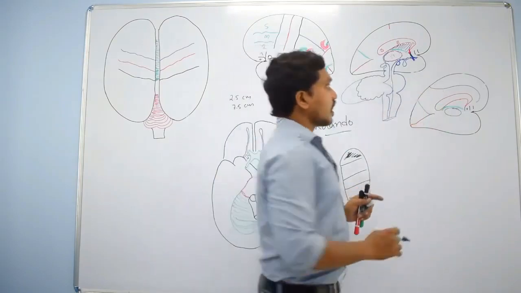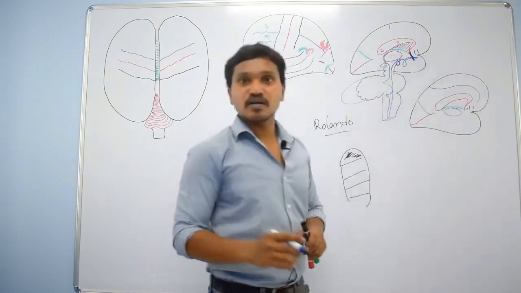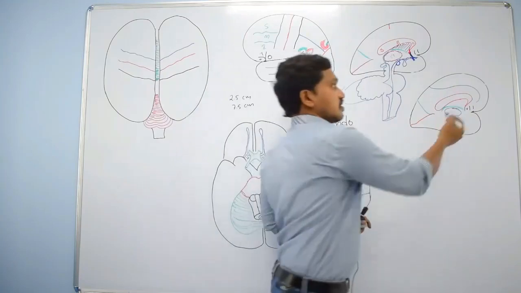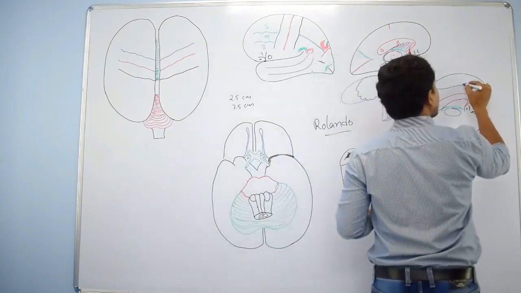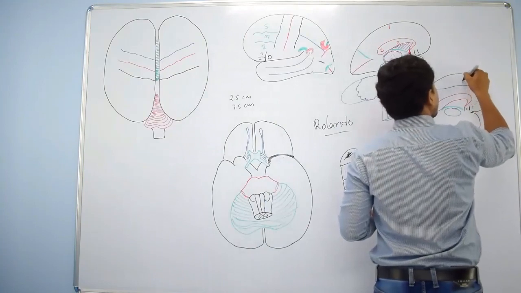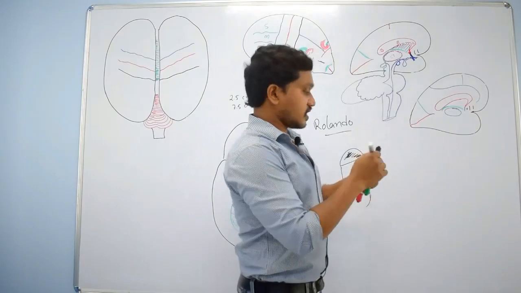What is this sulcus called? Cingulate sulcus. From this sulcus, one vertical sulcus arises and extends upwards, right?